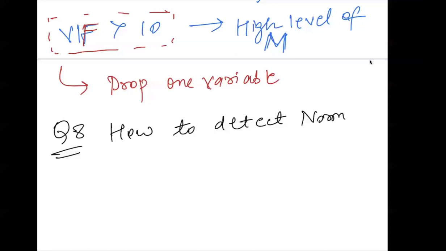So how to detect normality in the linear regression model? Normality is the most important assumption of linear regression, because it ensures that the error terms are distributed randomly and there is no bias in any particular direction.